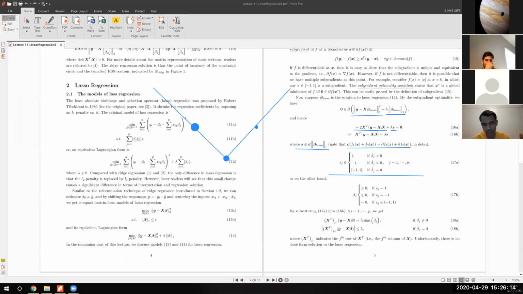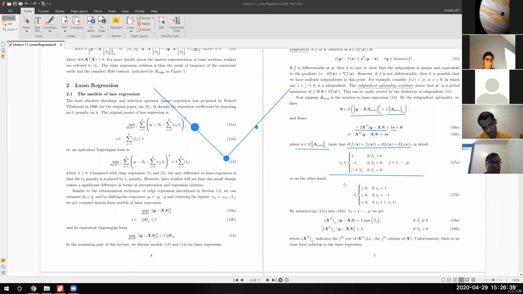The question is, what if my beta j equals 0? As we just mentioned, if your beta j equals 0, then any sj, any number between -1 and +1, is a subgradient. So here S is going to be any number between -1 and +1. And later you're going to see this is the key why Lasso is so powerful. Without this one, Lasso is nothing.